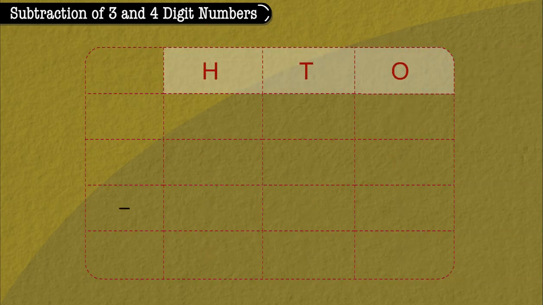Now, let's subtract 372 from 557. Here, in the ones place, on subtracting, we get the difference as 5. Then, moving to the tens place, we see that a bigger number, 7, is subtracted from a smaller number, 5. To do the subtraction, we borrow a 1 from the hundreds place.